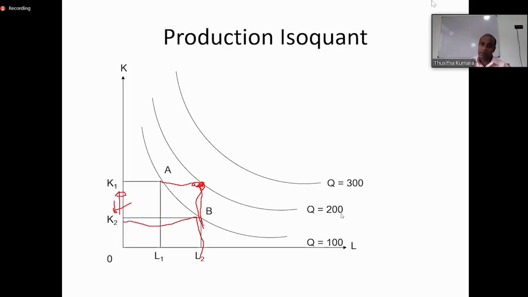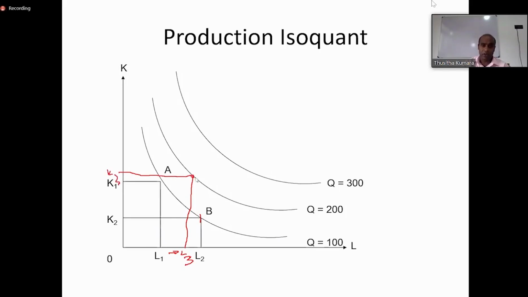Or you can increase both of them. Let's say you are at L1 and you go to L3, and you are at K1 and you move to K3.